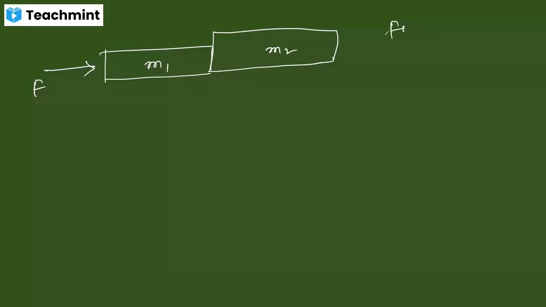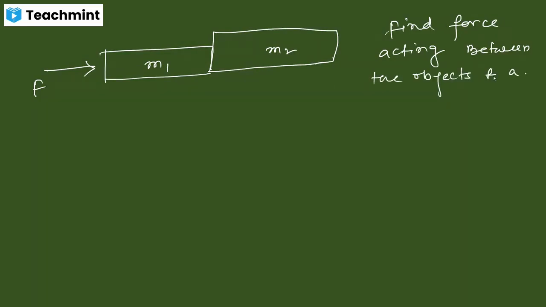So find the force acting between the objects and the acceleration of both of the objects here. At first draw the diagram. These are the two blocks of masses.